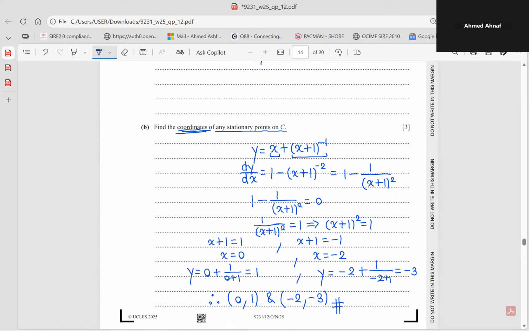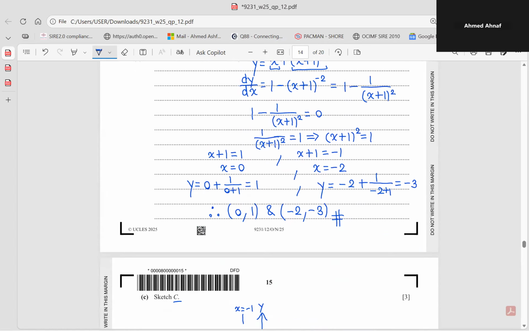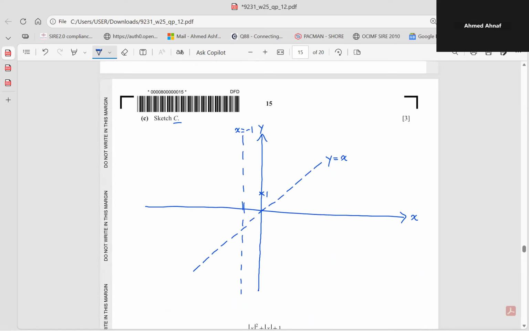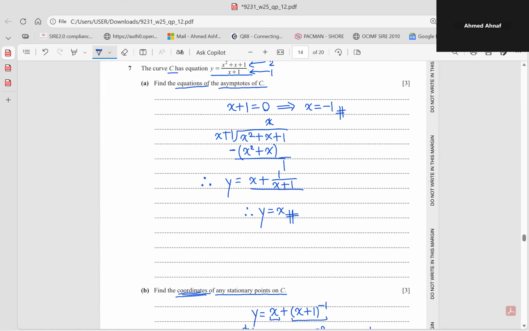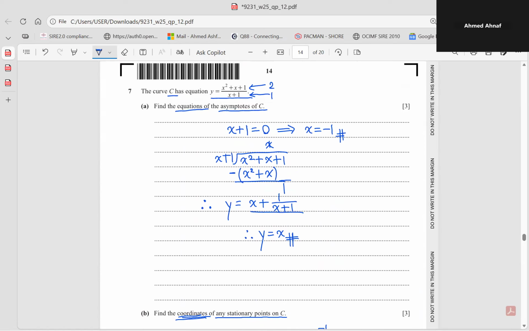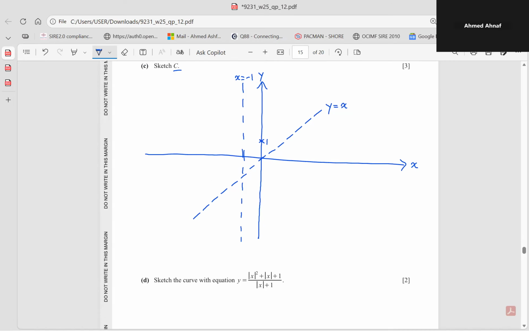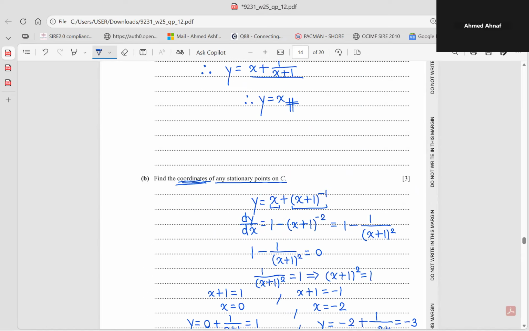And after that, you can find your x-intercept, sorry, by taking the value.